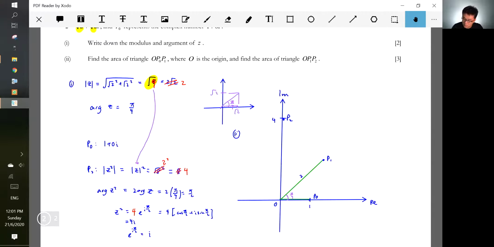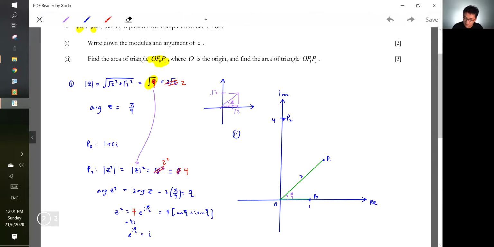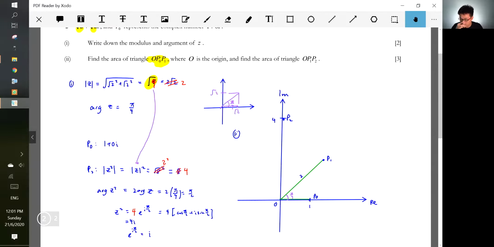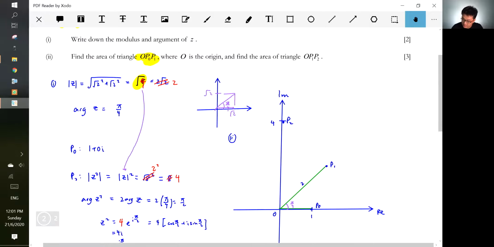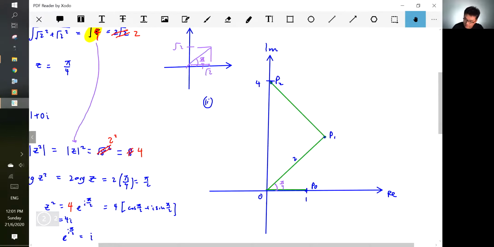So first find OP0P1. There are two areas here. We want to find this area here first, and then P1, P2.